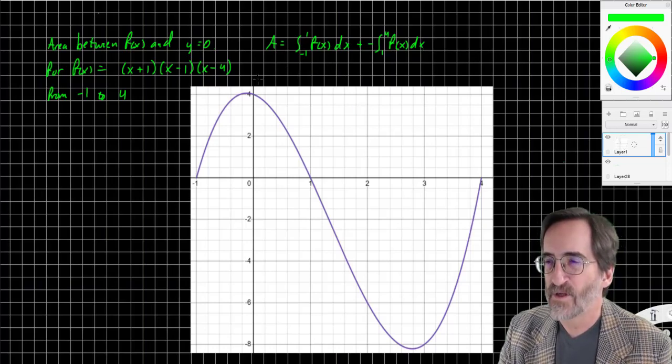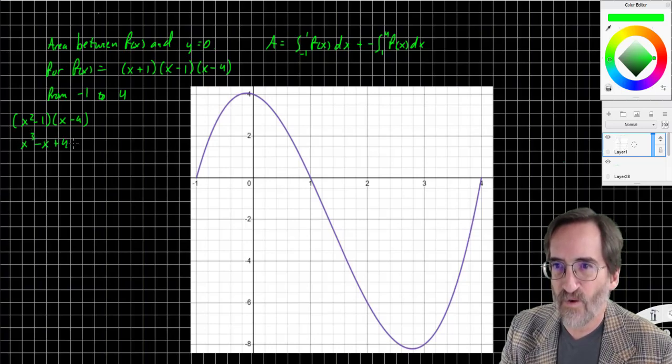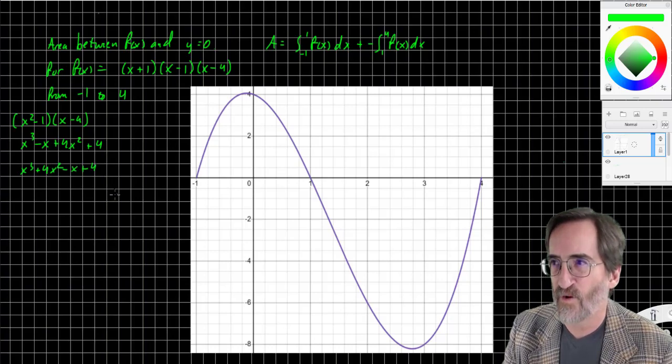So let's figure out what this works out to. x plus 1 times x minus 1 is x squared minus 1, times x minus 4. So x cubed minus x plus 4x squared plus 4, which is x cubed plus 4x squared minus x plus 4.